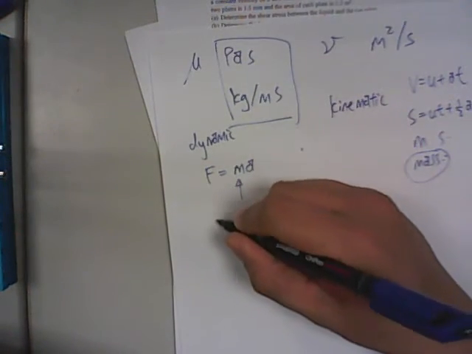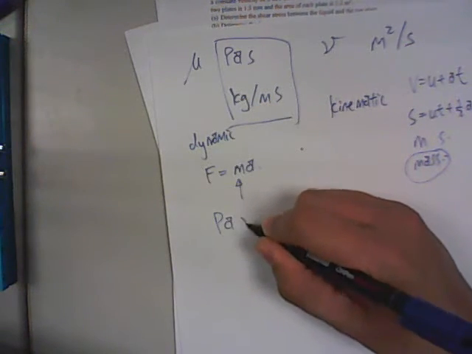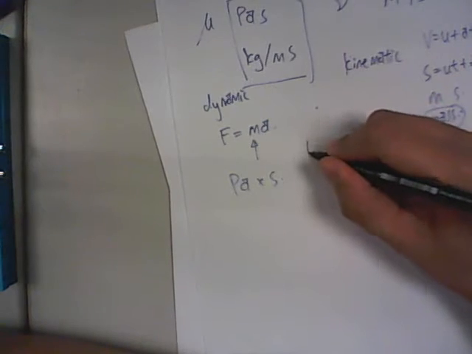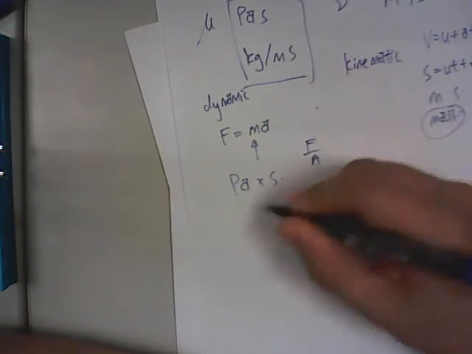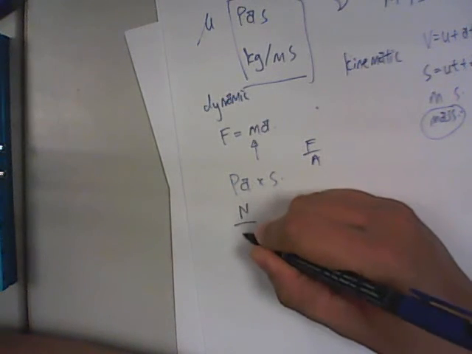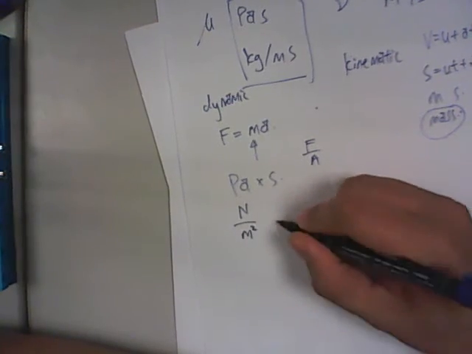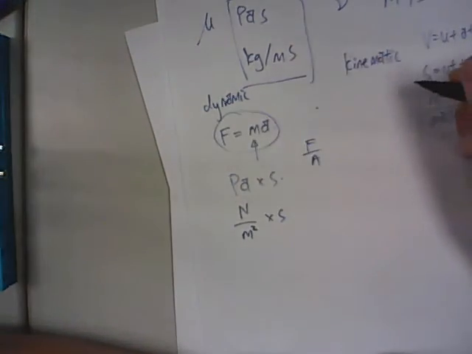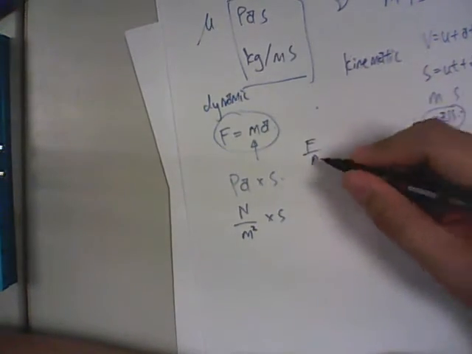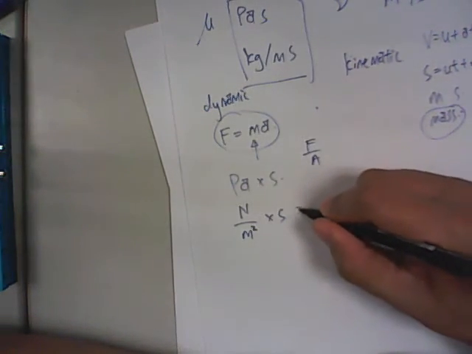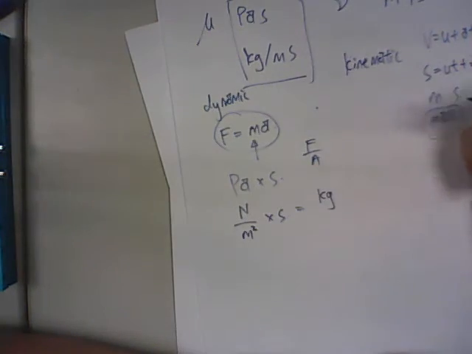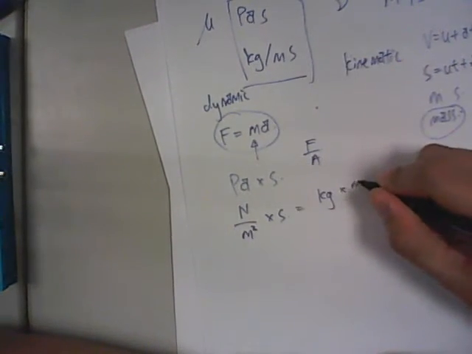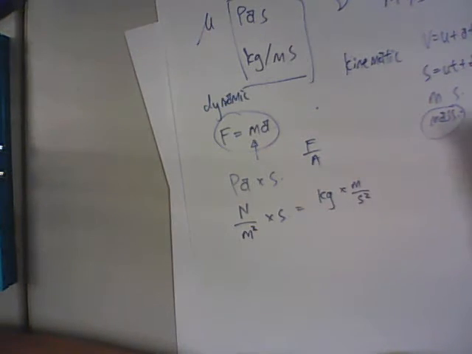How do you do that? So let's say if I take pascals and seconds, right? So Pascal is what? Pascal is force over area, right? So Pascal is actually Newton per meter square times second. And you know that F is equals to ma. So what is the unit for Newton? Actually, Newton is actually also equals to kilogram for mass, and acceleration is meter per second square, right?